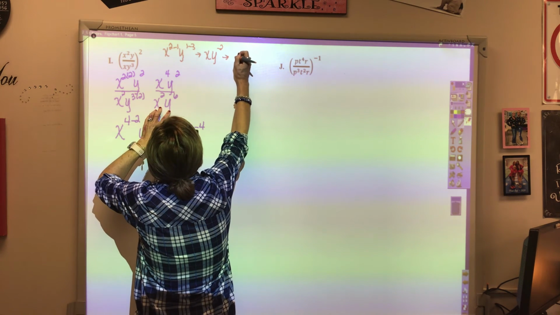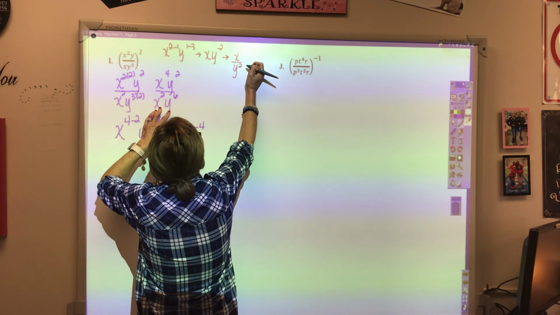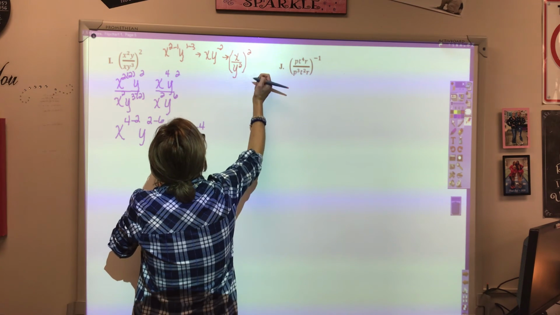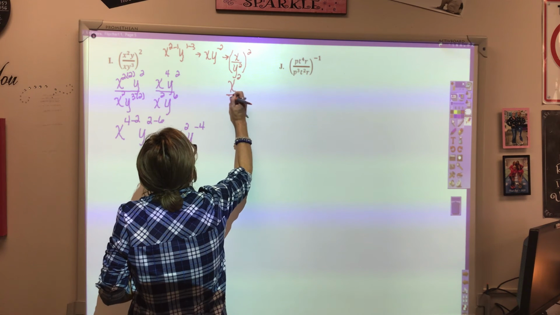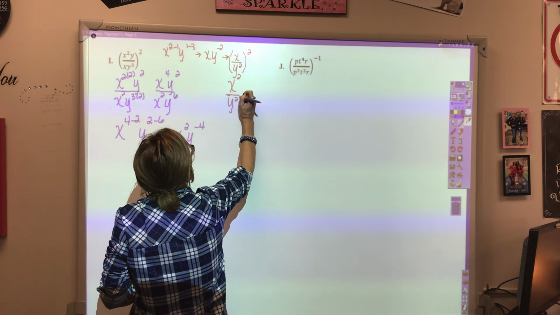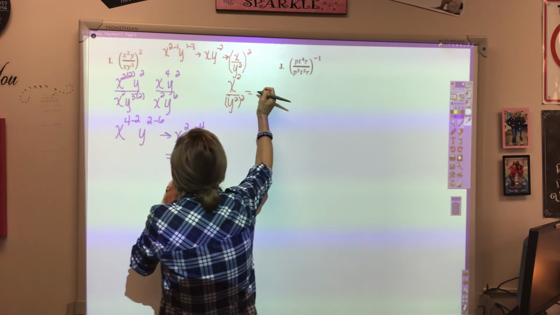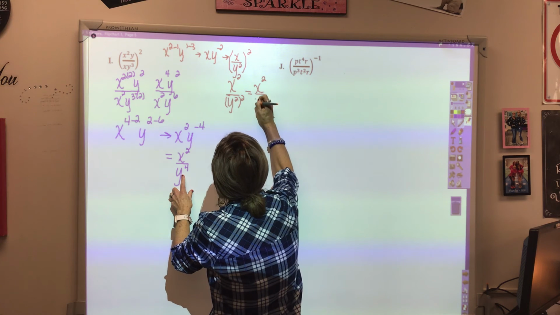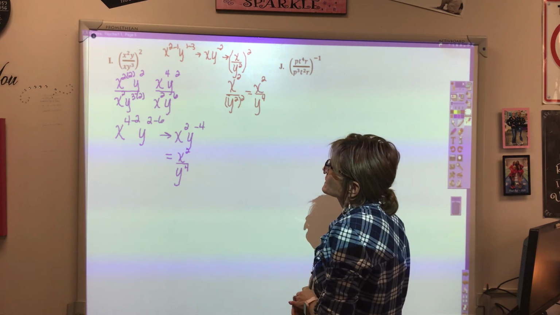So rewrite that as x over y squared. Then take the power on the outside. x over y squared, squared gives you this same answer, x squared over y to the 4th. So it's whichever way you want to do it.